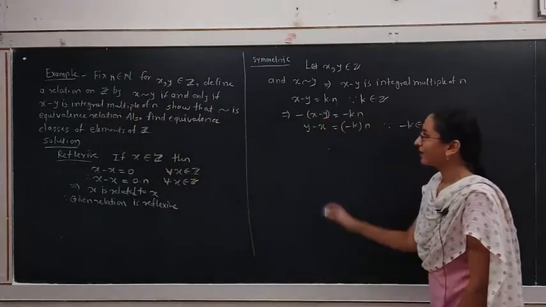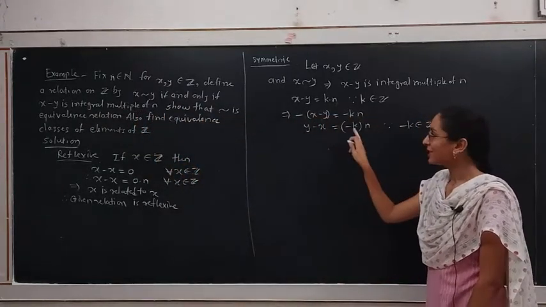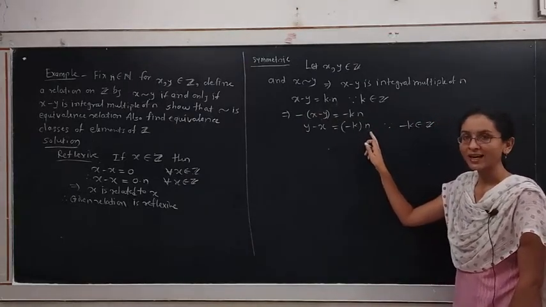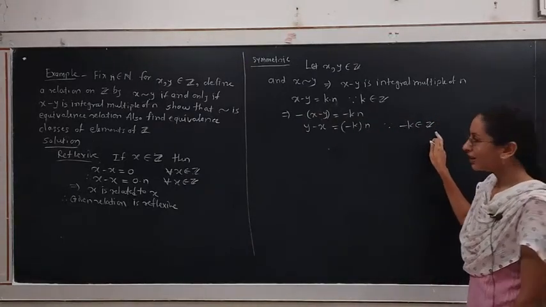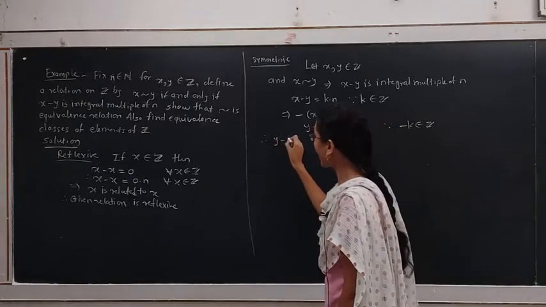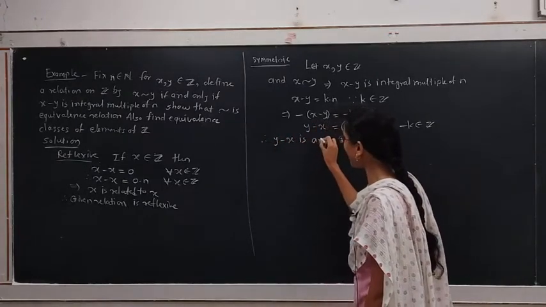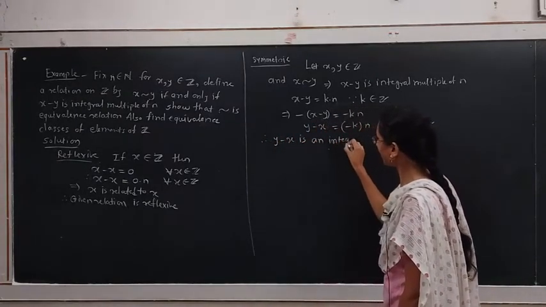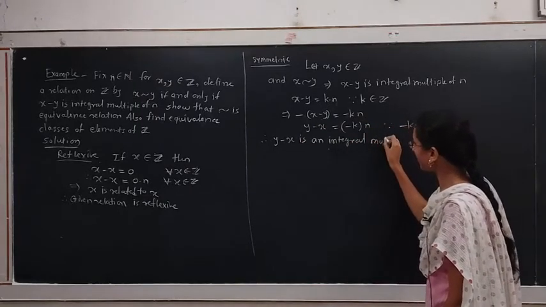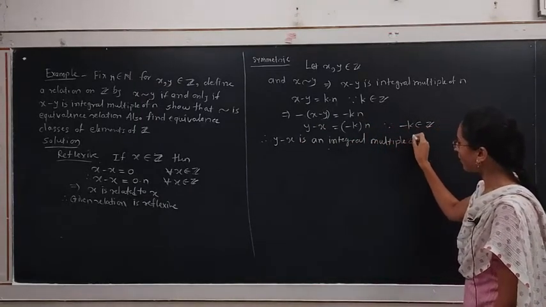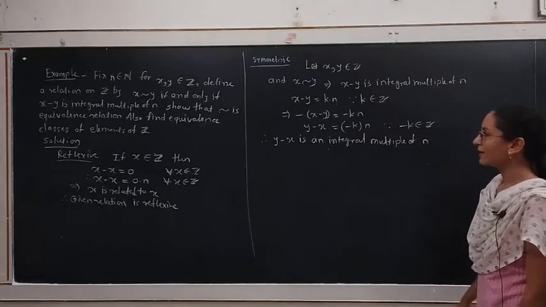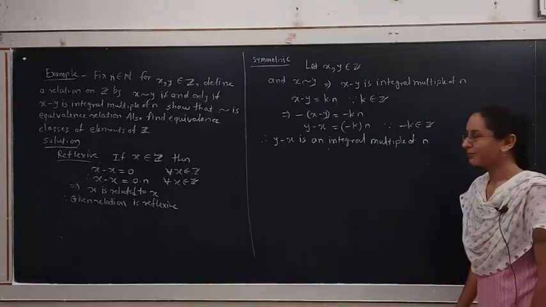Here we are writing y minus x as an integral multiple of n, where that integer is minus k. Therefore, y minus x is an integral multiple of n, where that multiple is minus k.